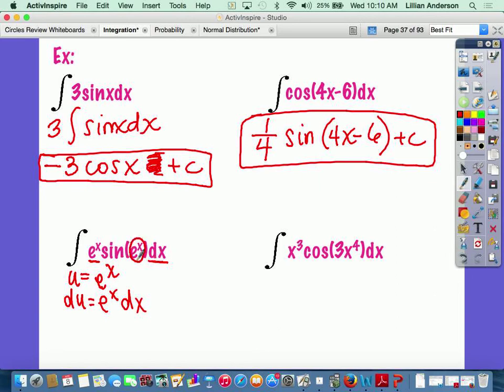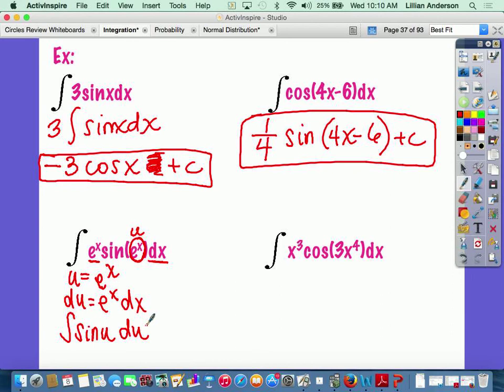So this is the e to the x that I made u, and then here's the derivative. That's underlined, right? So when I go to substitute it in, I'm going to have the sine of u, and then e to the x dx is going to be replaced with a du. Did everybody see that?